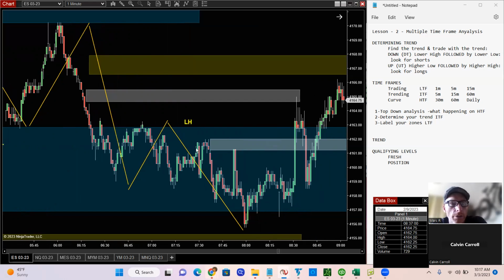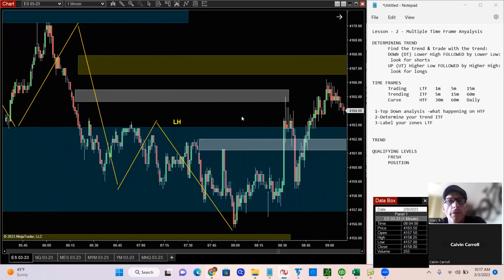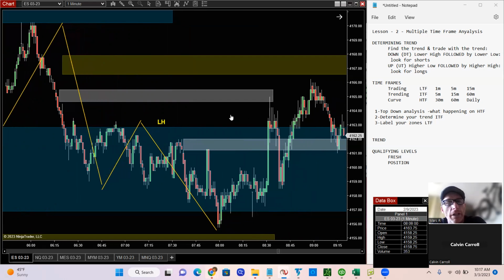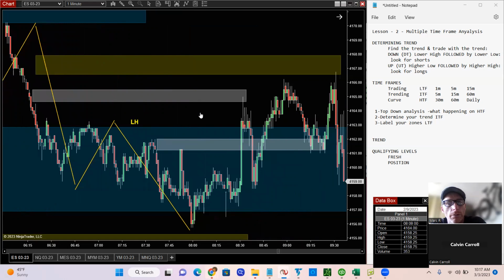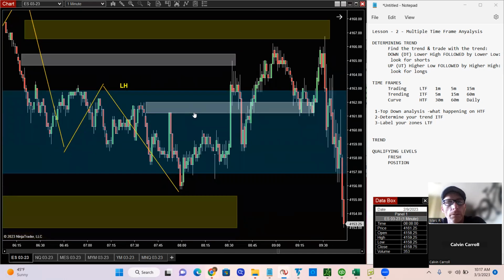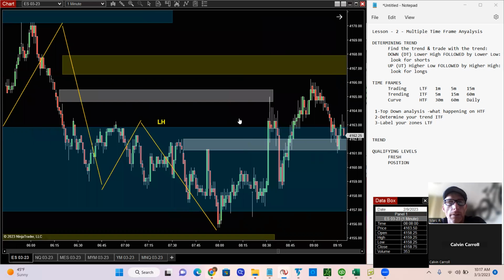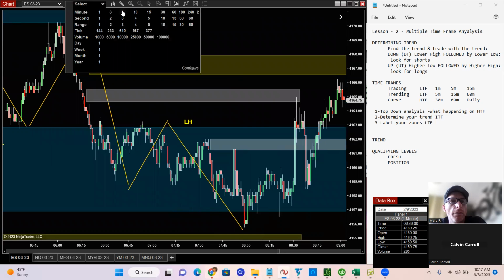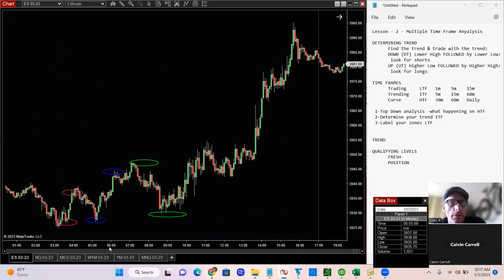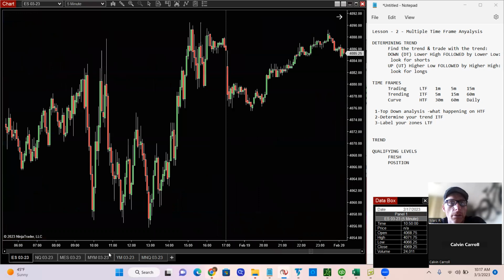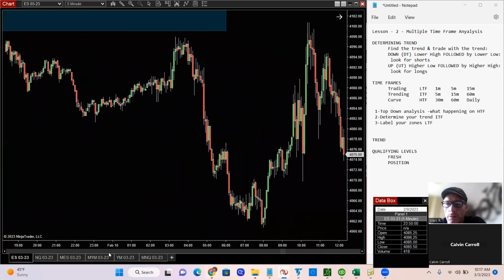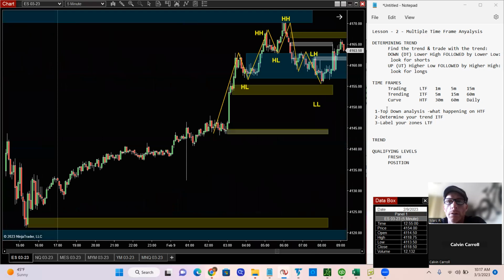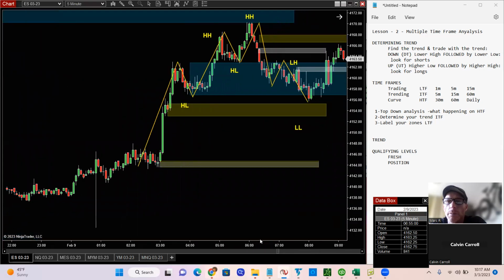So on your 5 minute, if you go back to your 5 minute, what you're going to see is you broke this lower high. Okay, which means you broke the 5 minute downtrend, but you don't have a 5 minute confirmed uptrend. All right. So we go back to a 5 for a second and see what we can make of this.